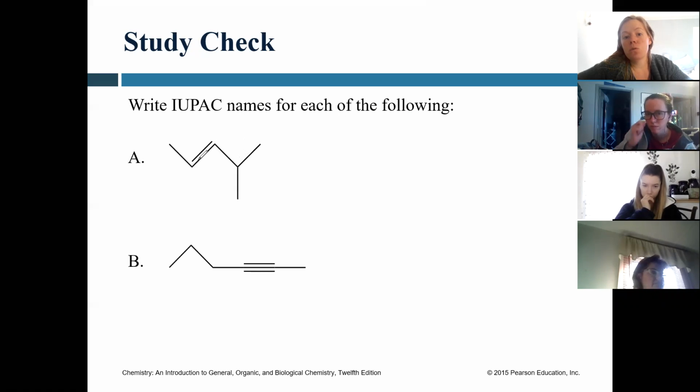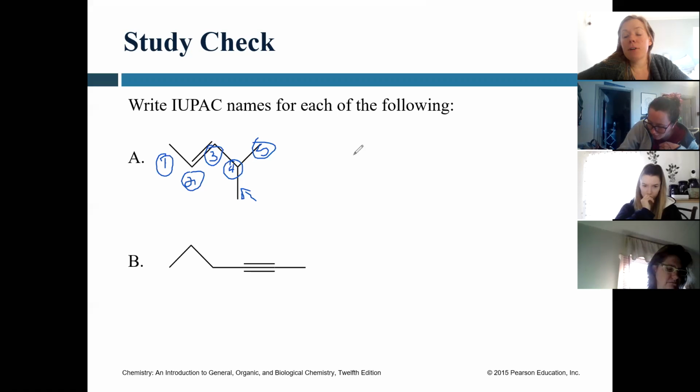So 1, 2 would put the double bond at 2. If I went the other way, 1, 2, 3, it would put it at 3. So we're going to count this as 1. This is 2, 3, 4, 5. And you may be saying, well, but if we counted it this way, then the methyl group here would be at a lower number. Remember, that is a lower priority. The double bond is always the higher priority. So 1, 2, 3, 4, 5 for our main chain.